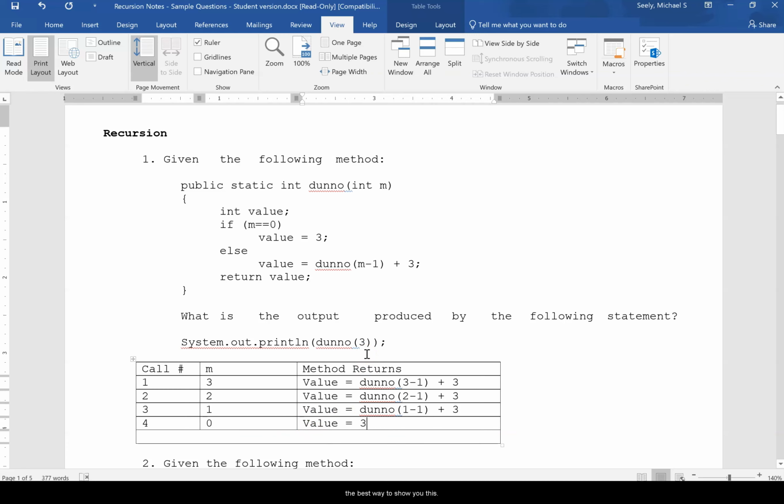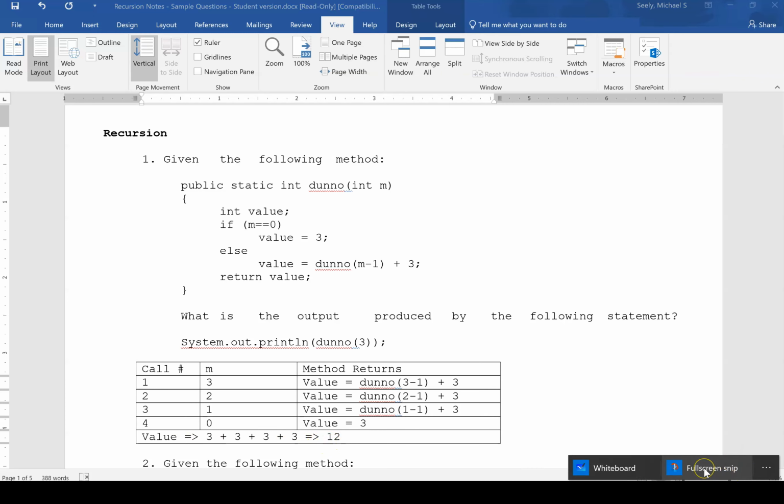And maybe the best way to show you this is kind of writing this out. Kind of the best way I can think about this and explain this is, well, right down here, let me write this out. So value is going to be set now to 3 plus 3 plus 3 plus 3, which is 12. So the final answer is 12, but let's look at how we got here.